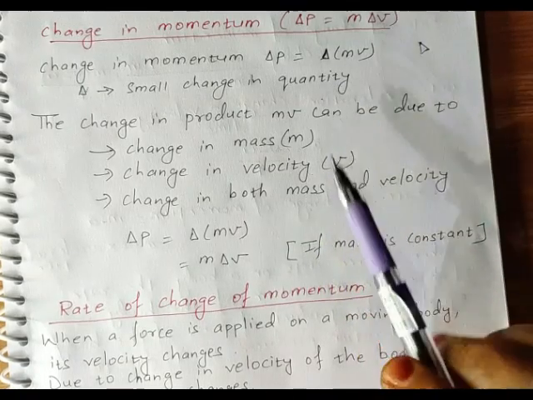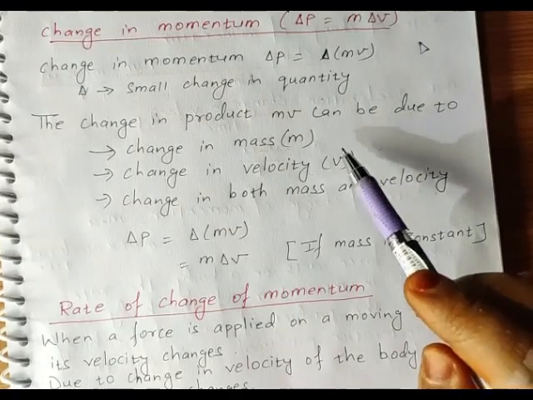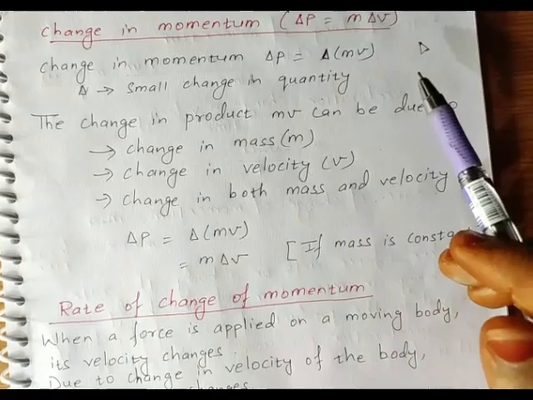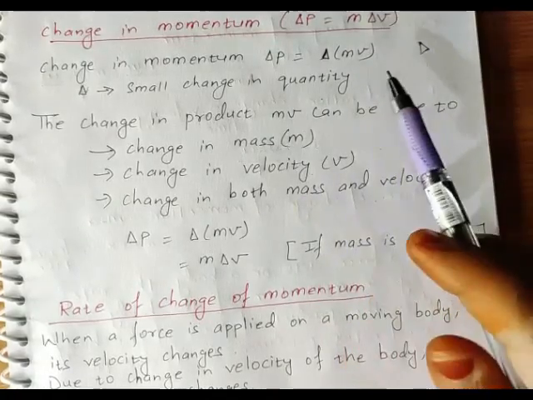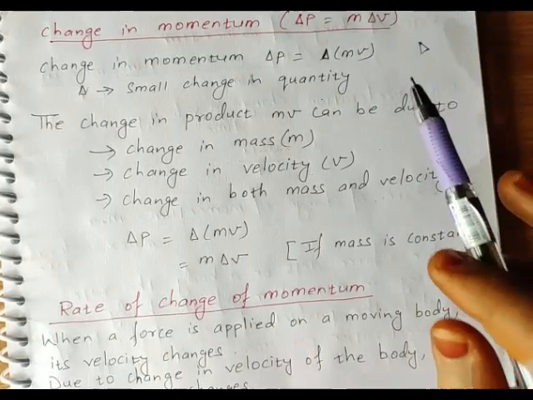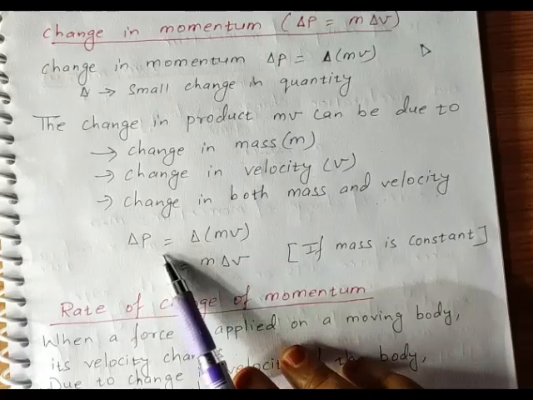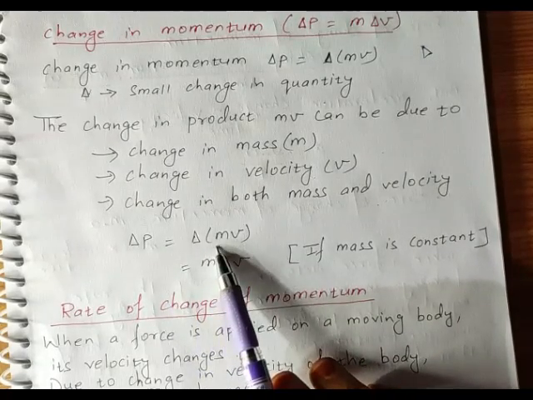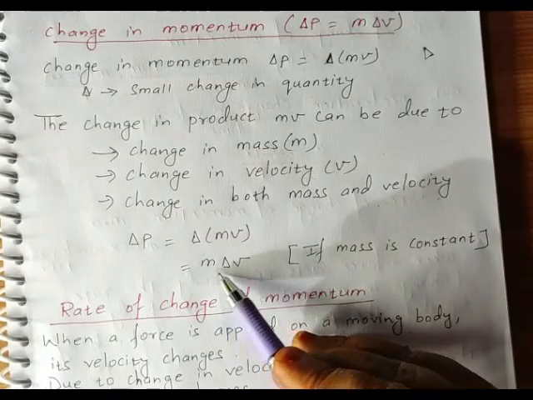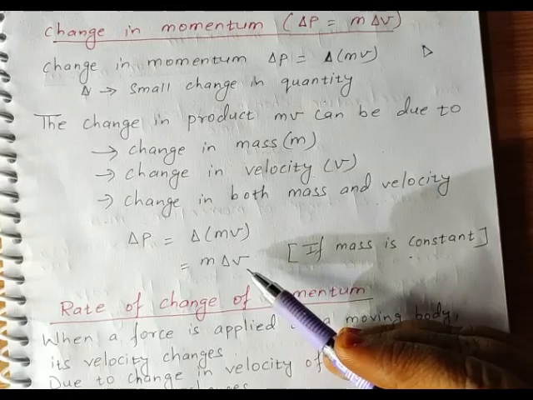Is it or not? Momentum p is equal to mv. Now if mass changes, momentum will change. Velocity changes, then also momentum will change. Or mass and velocity both change, then also momentum will change. So delta p, change in momentum, is equal to delta of mv. Now children, if mass is constant, then what is changing?